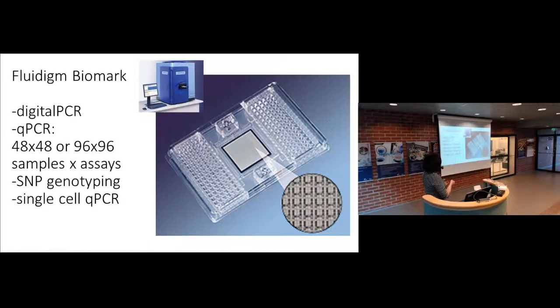So then it makes these 96 times 96, almost 10,000 individual reaction chambers in this cassette, and measures cycle by cycle the amplification of the target genes in each sample, and makes the quantification of those genes in each sample. And you can also use it for SNP genotyping and also single cell qPCR.